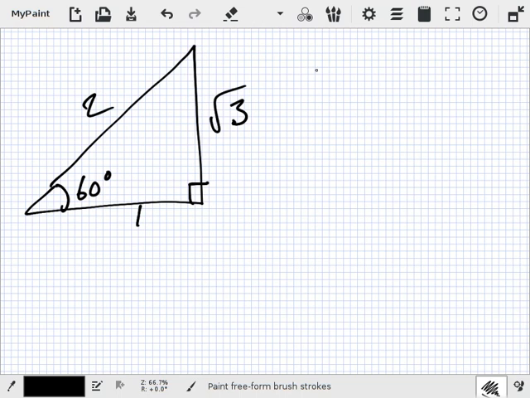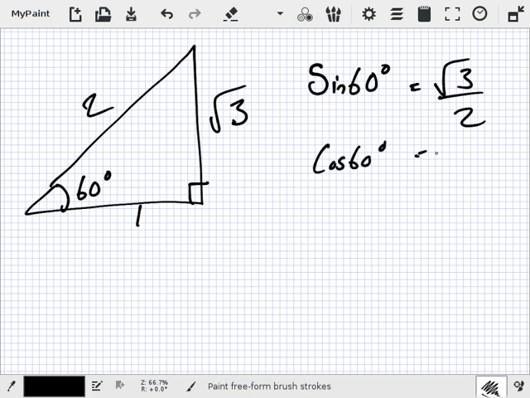If you type in sin 60 degrees, I know sine is opposite over hypotenuse, your calculator will give you an answer of root 3 over 2. It's almost like your calculator drew a right angle triangle with angle 60. If you type in cos 60, your calculator will give you an answer of 1 over 2. You have to switch to degrees. And tan 60 will give you an answer of root 3 over 1.